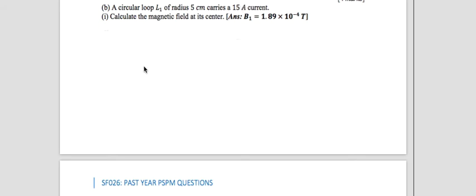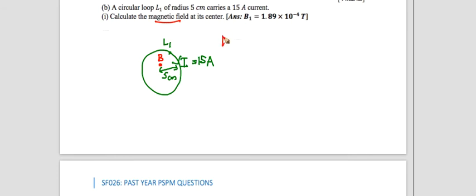So you have a loop, and the current flowing in loop 1 is 15 ampere, and the radius of the loop is 5 cm. The question asks you to calculate the magnetic field at the center. So what is B here?